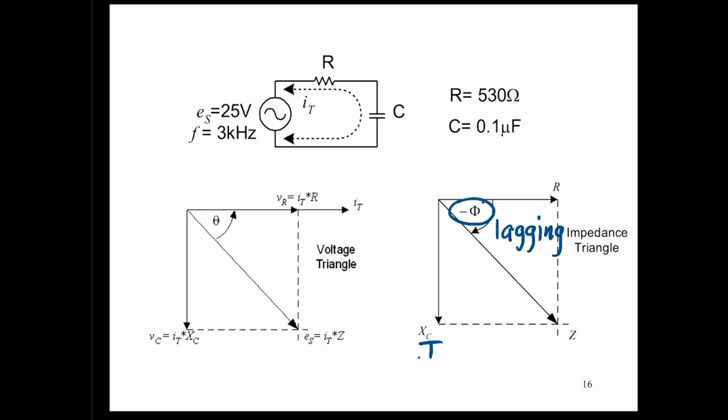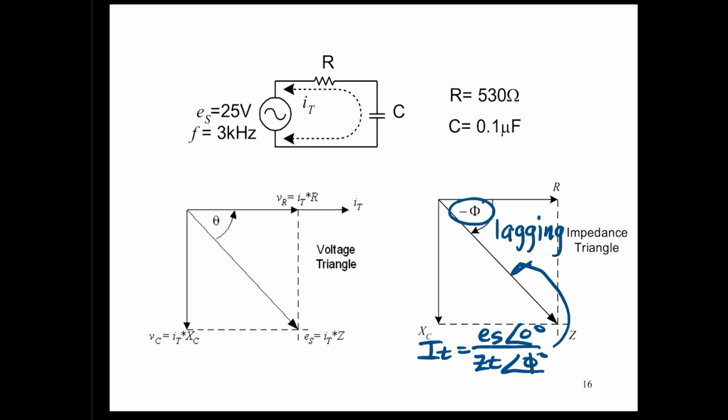If I was to look at I total for this arrangement that comes from this impedance, I would have E source at 0 degrees divided by Z total at angle phi. Now, notice how angle phi is negative from this impedance triangle.